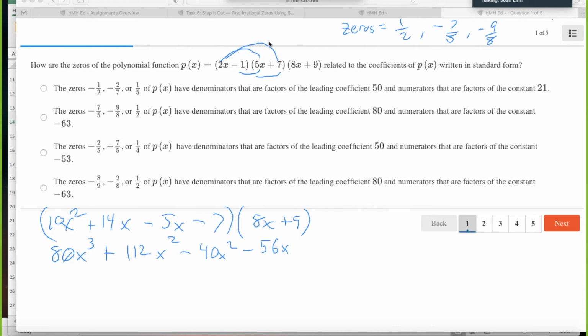And then we're going to start with our 9, plus 90x squared, plus 9 times 14, 126x, minus 40x. Love it when I take the long way. That should be a 45, because 9 times 5 is 45, not 40. And then 9 times negative 7, negative 63.